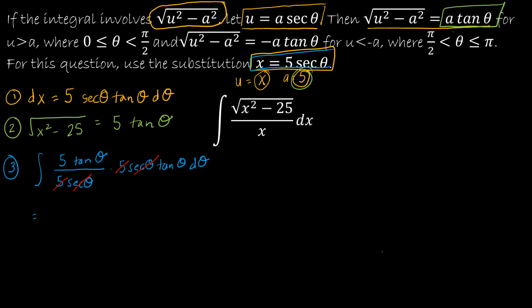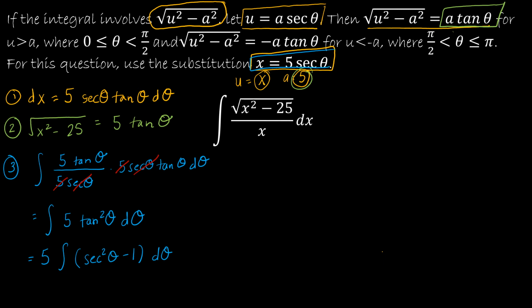So this is now the integral of 5 tangent squared theta d theta. So far so good, but I don't have an easy answer for the integral of tangent squared theta. So I'm going to bring my 5 to the outside, and I'm going to replace tangent squared theta with secant squared theta minus 1 d theta.